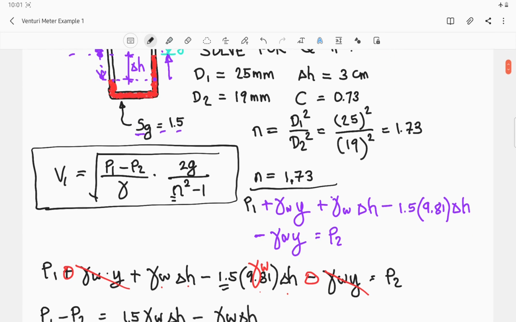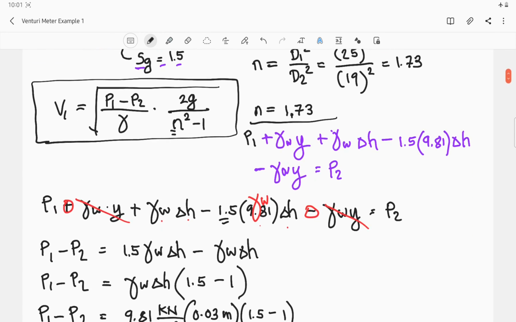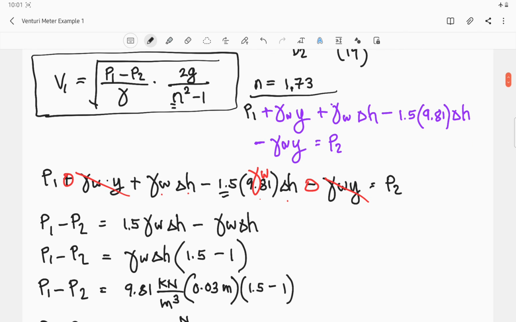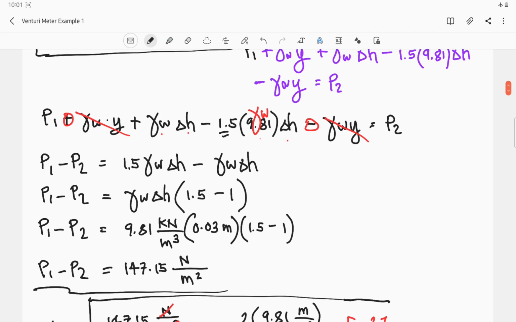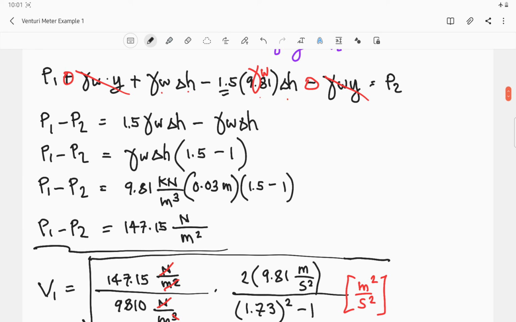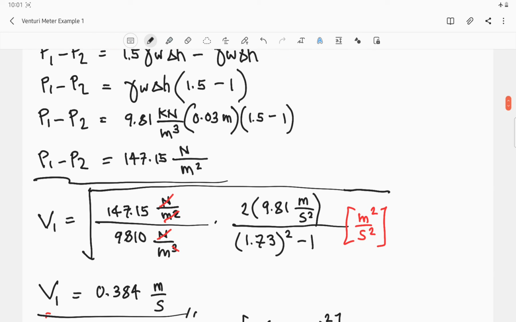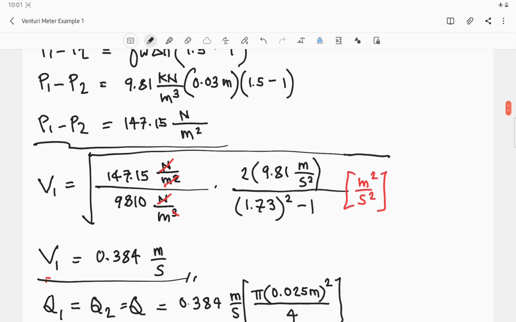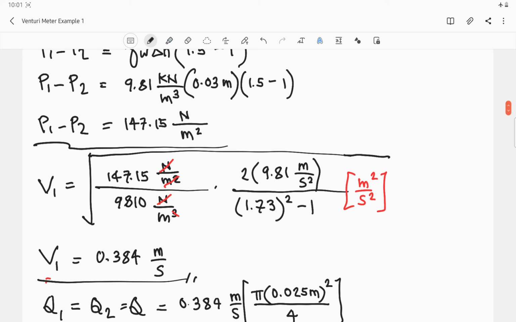Then we solve for the pressure difference P1 minus P2, which is 147.15, and substitute it into our equation.